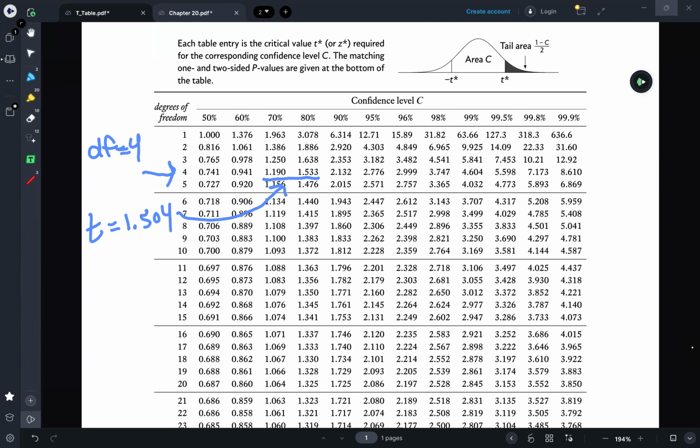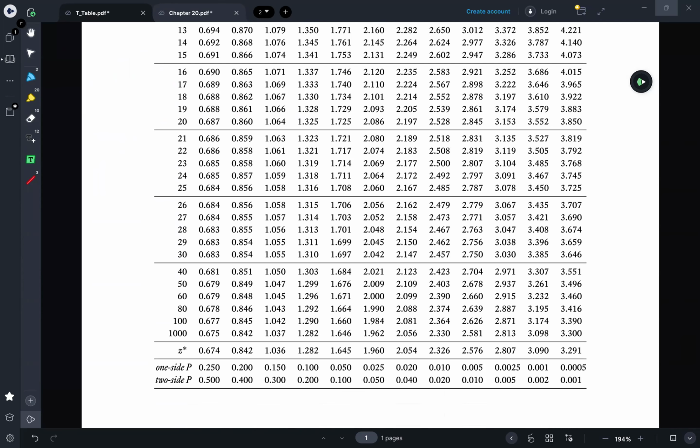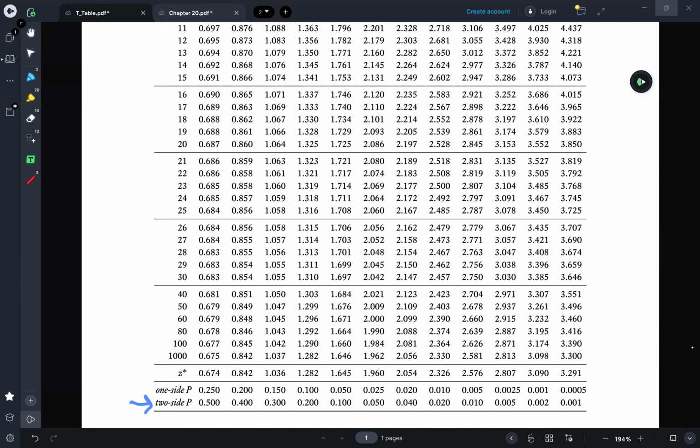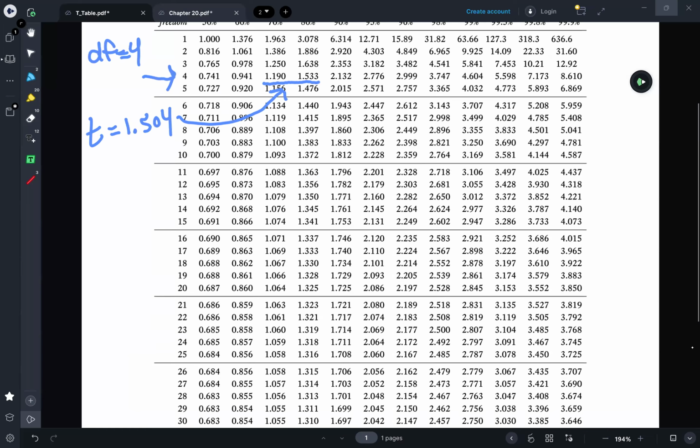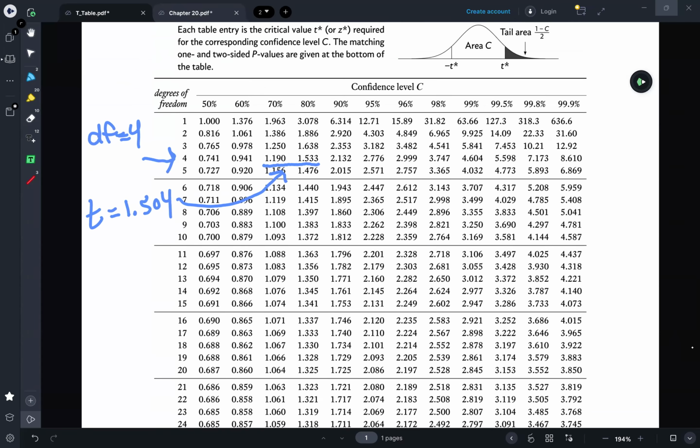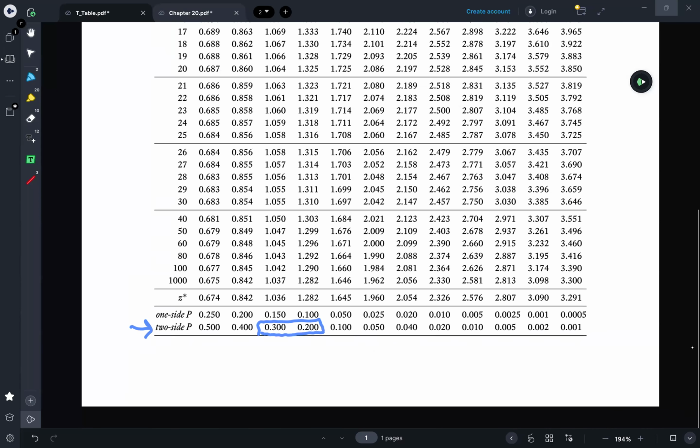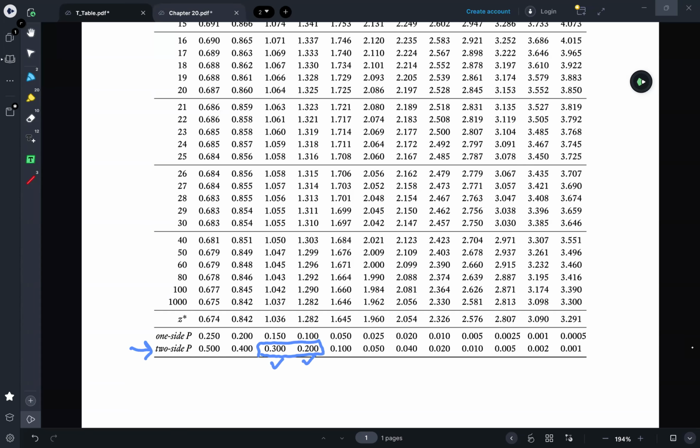And because it's between 70 and 80, the two-sided confidence interval is going to be between the opposite of that. So if it's between 70 and 80, the p-value is going to be between 20 and 30. It all fits. It's going to all add up.